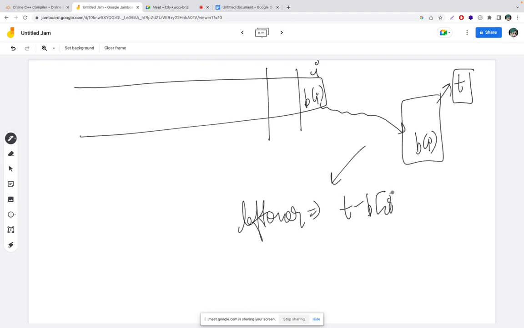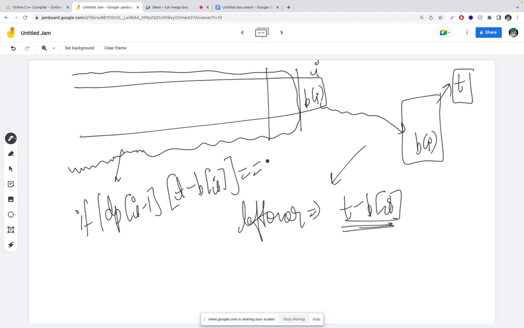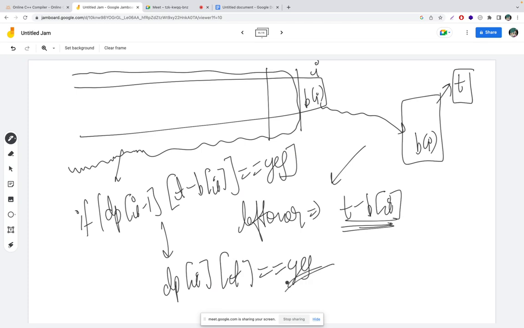T minus b of I. Now all you have to do is ask: is T minus b of I present in this much part? This basically means if dp of I minus 1 of this leftover is possible, if this thing is yes, then obviously dp of I of T will also be yes. I hope Vikram now you understood.